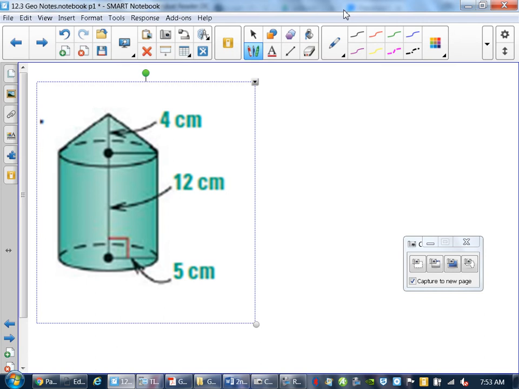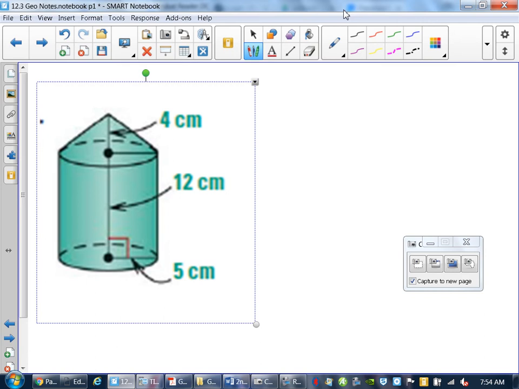Cylinders always have what for the bases? Circles. So we would always say it was 2 pi r squared. The perimeter of every circle is its circumference. Formula for circumference is 2 pi r. So we would write it as 2 pi r, and then how far apart the circles are.